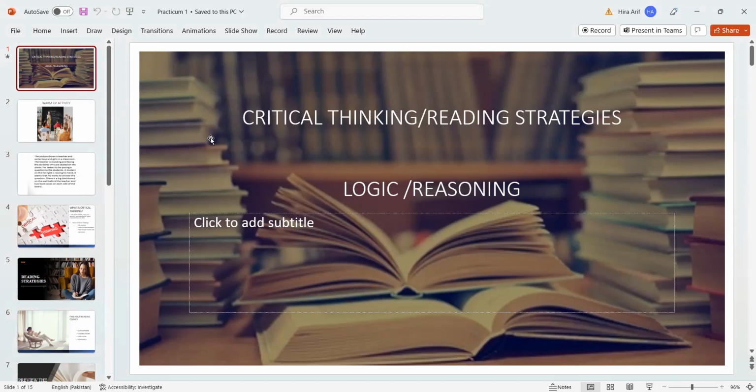So how can you think critically? Critical thinking is very important, and at this stage of our lives, all of us have some ability to think critically.